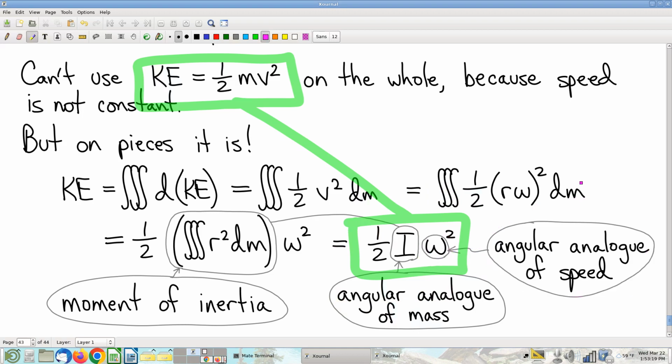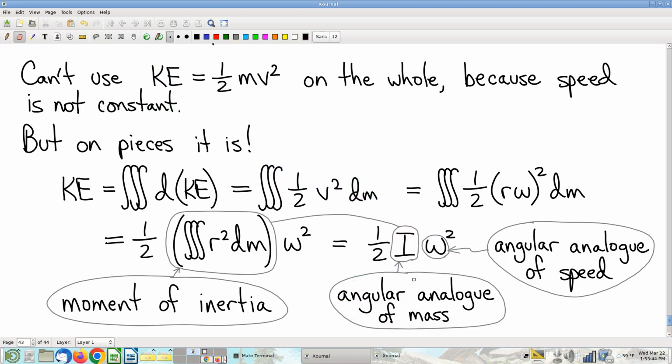Along those same lines, this I thing here is sitting right in there, playing an analogous role to mass. It's like an angular analog of mass, in the same sense that omega is an angular analog of speed. Now, that's just a, hey, check it out kind of observation. We didn't prove anything there.